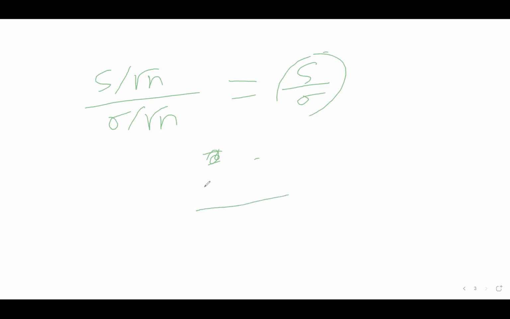But we know that (n minus 1) S square over sigma square is, I'm not going to derive this one, but I'm giving you this information, the distribution of this one is chi-square distribution with n minus 1 degrees of freedom.